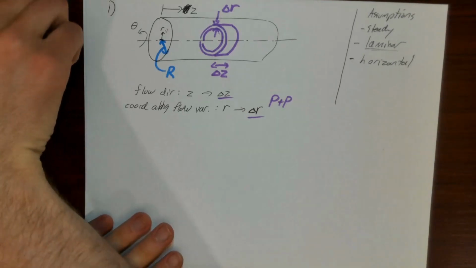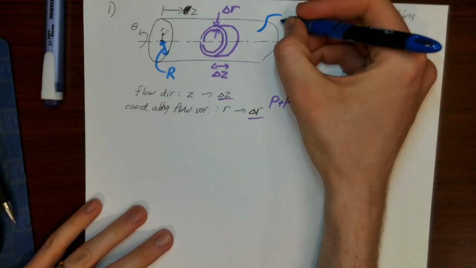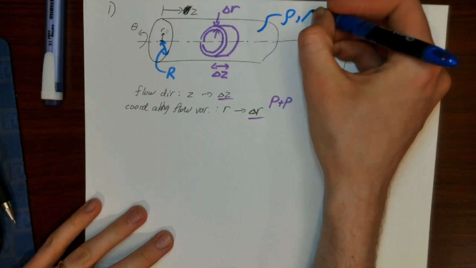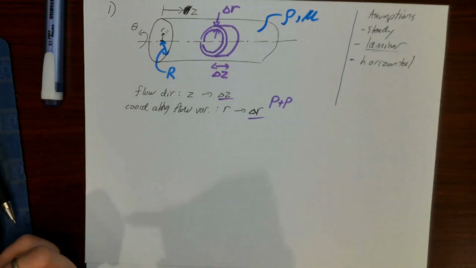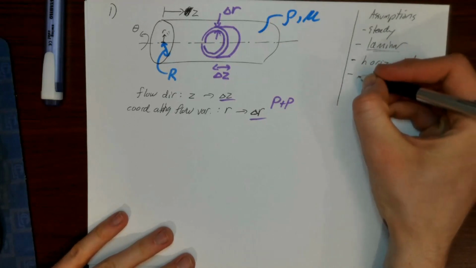Let's also say that we have some fluid here and we know the properties of the fluid. So this fluid has some density and some viscosity. If we're assuming a constant viscosity, that implies that we have a Newtonian fluid.